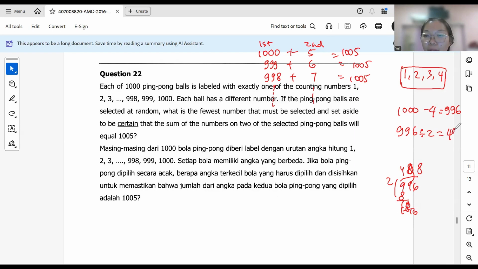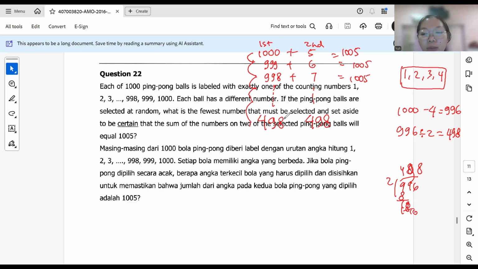Okay, you're going to have 498 pairs. You have 498 in here, in the first group and in the second group. Imagine the worst case scenario is every time you take the ball, you're going to have all numbers on this side. Each of these balls cannot have pairs, right?